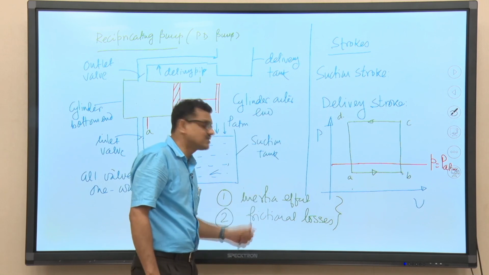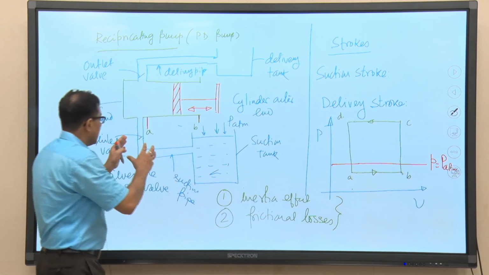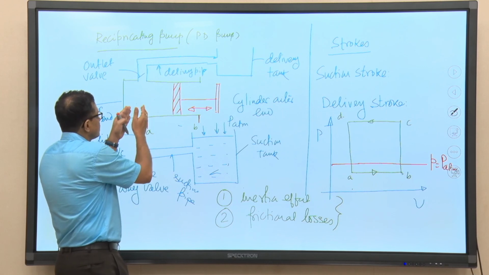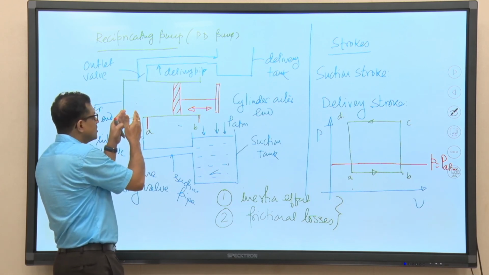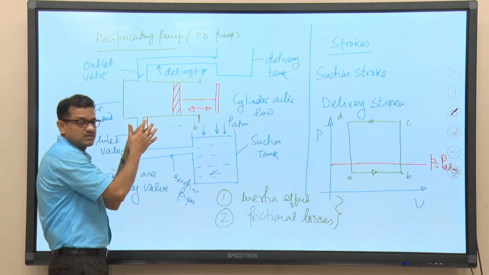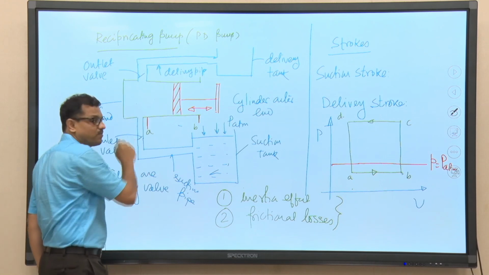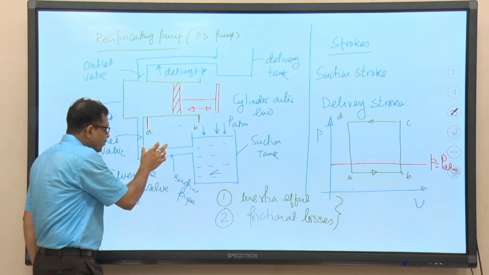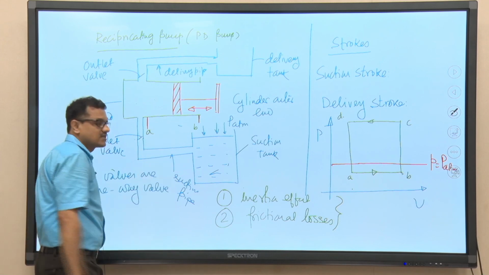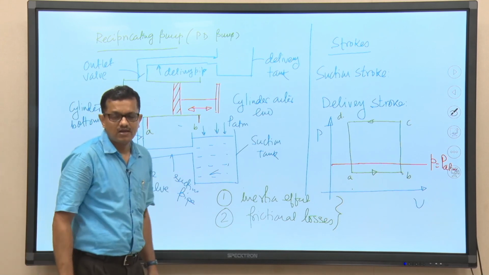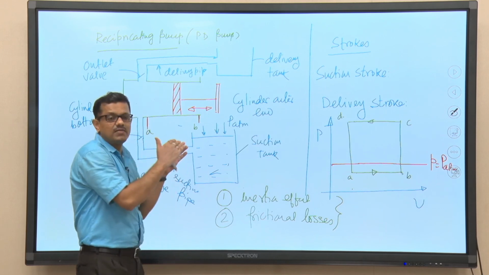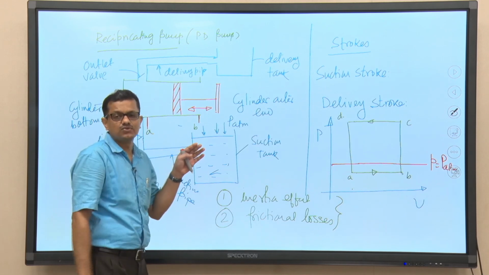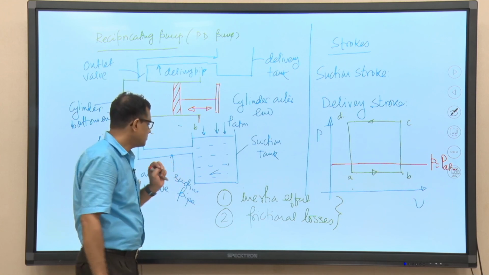What do we mean by inertia effect? When the suction stroke begins and the piston starts moving from point A, the liquid inside the suction pipeline has inertia, and the effect due to inertia should be taken into account.